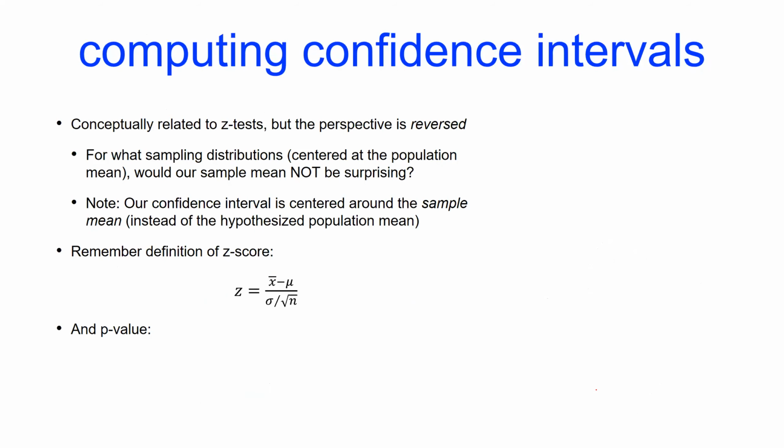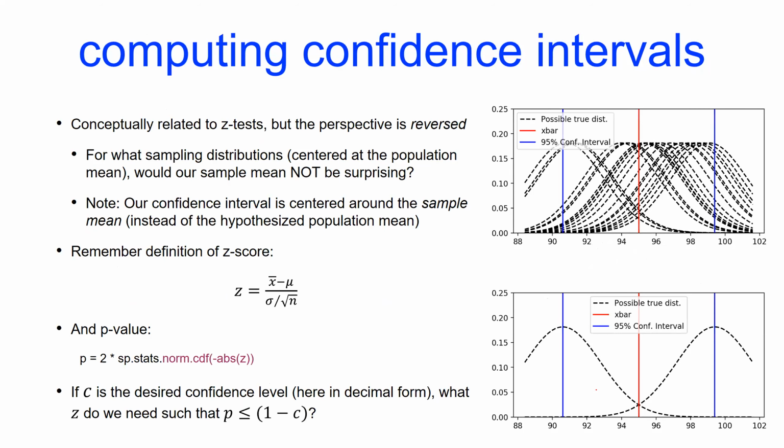Let me see, do I have a better picture to show? Okay, this is probably the best picture. So this is your X bar. Think about this as one extreme case.